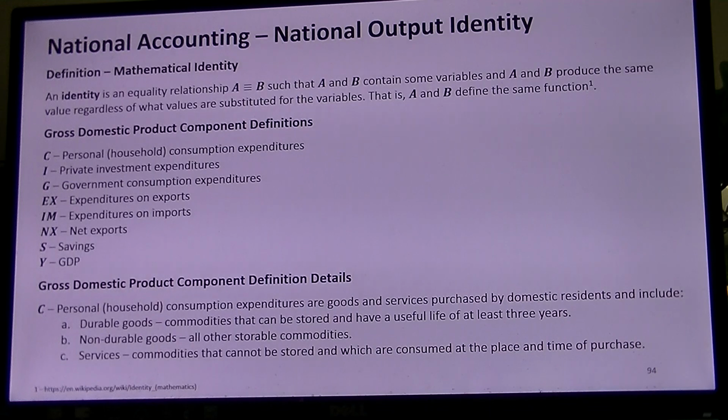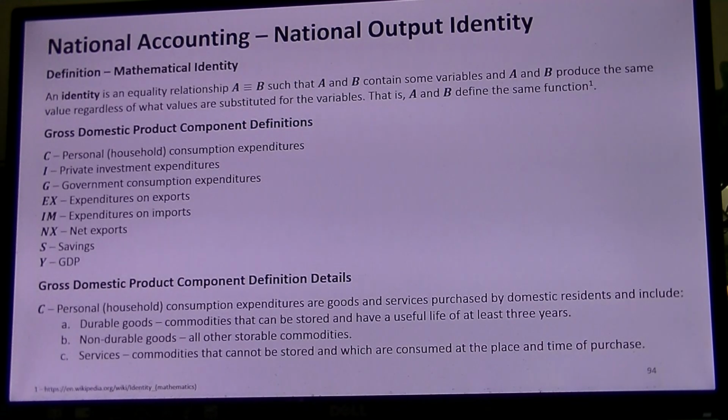That's denoted by G. The entire consumption within an economy on exports, or what's sold, the value of products sold outside the country, and that's EX. Then expenditures on imports, expenditures made for goods imported into the country, that's IM. So net exports is the difference between expenditures on exports and expenditures on imports. That's exports minus imports, or net exports.